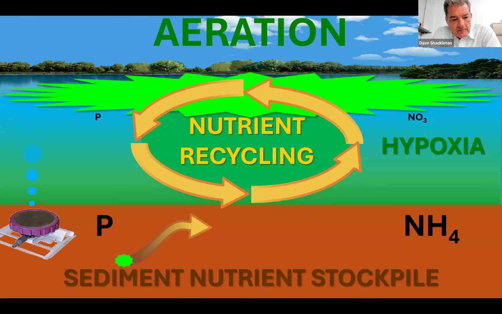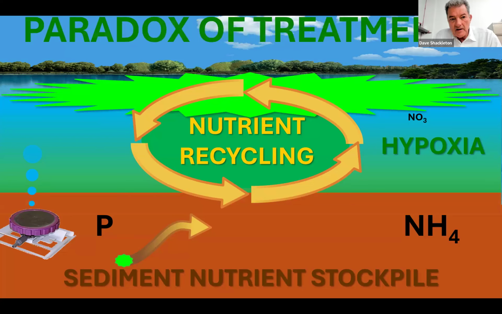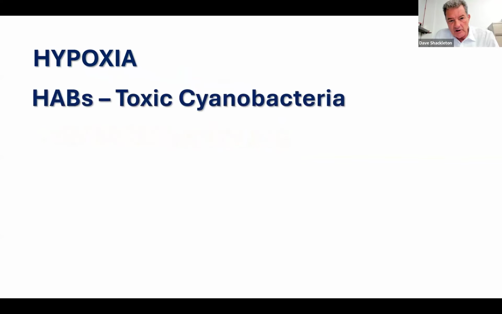So it remains anoxic at the bottom. It'll oxygenate the upper portions, and so you just re-establish and entrench the problem situations of the phosphorus gradient and so on. So that's the whole paradox of treatments: most of the treatments we've been using give you a short-term cosmetic relief, but they're not helpful in the long run.